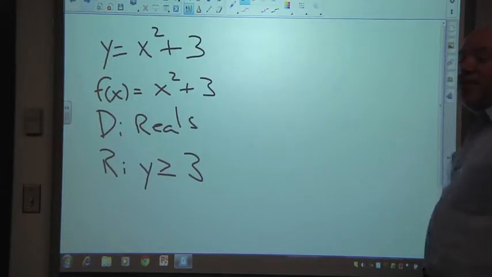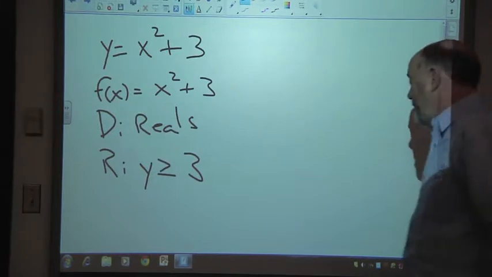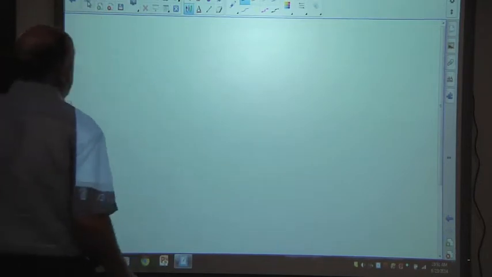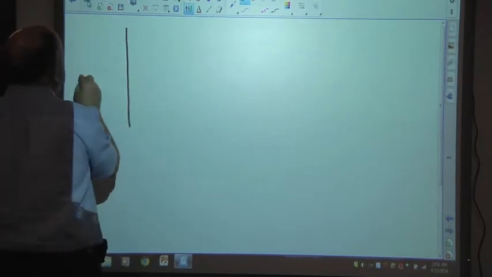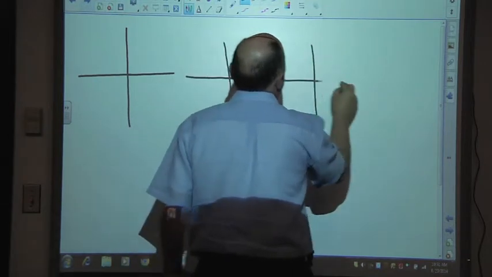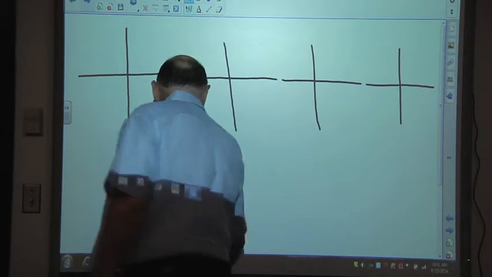So in terms of function, the way you can tell a function by looking at a graph is this. So let's draw some graphs. Graph 1, graph 2, graph 3, and graph 4. And let's draw some polygons here.